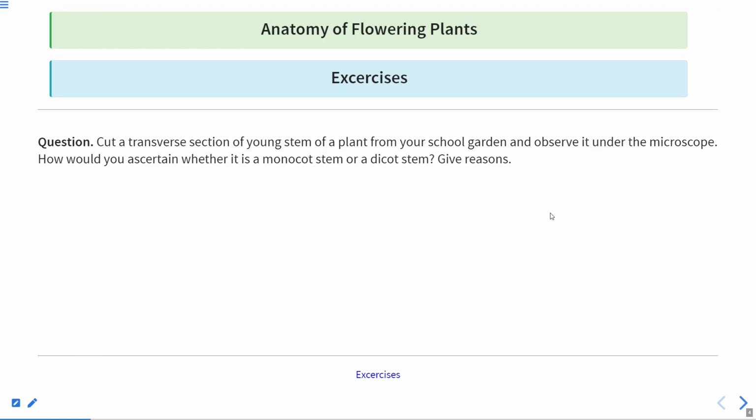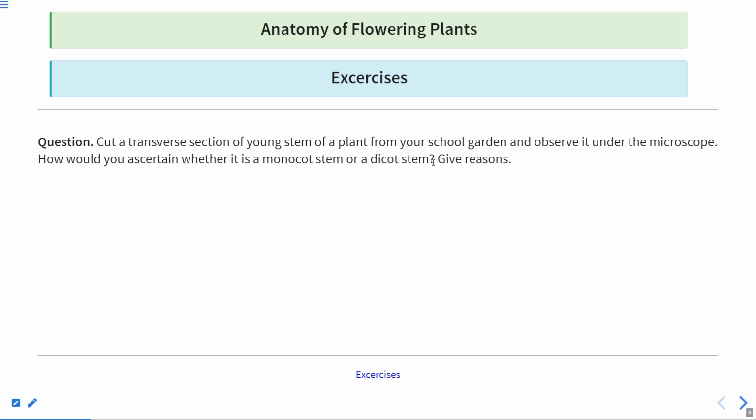Now, the next question comes here. Cut a transverse section of the stem of a plant from your school garden and observe it under the microscope. How would you ascertain whether it is a monocot stem or a dicot stem? Very important question.